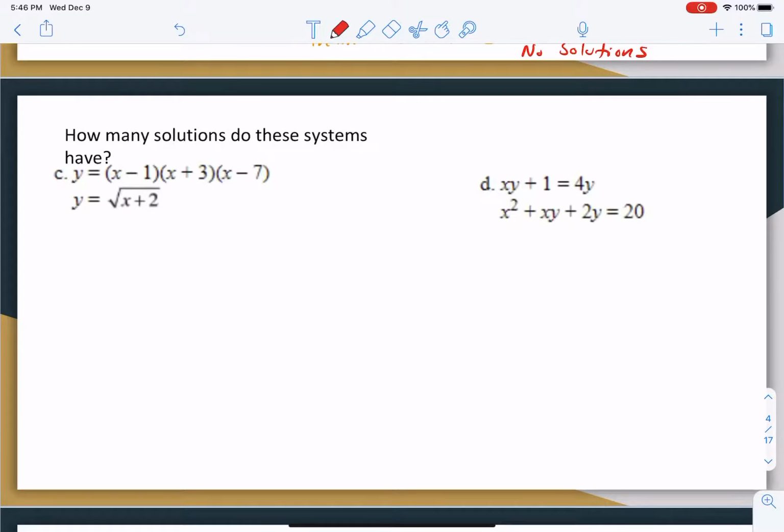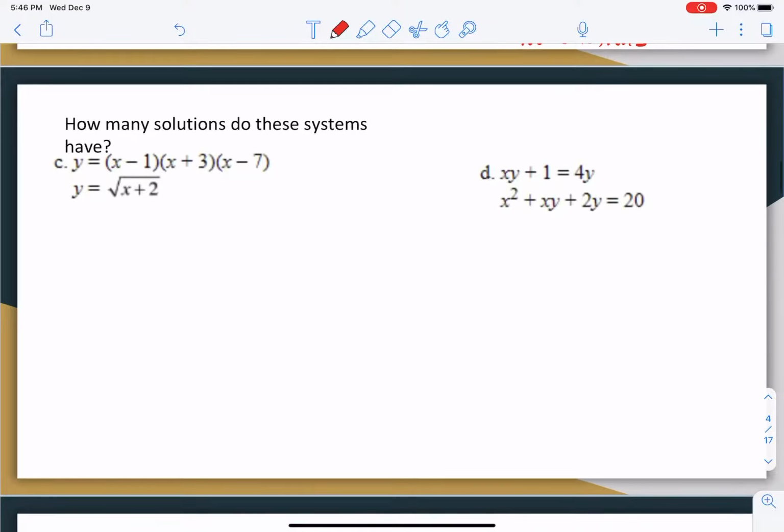Continuing on and thinking about how many solutions these systems would have, my first equation has 3 roots. So this is a cubic equation. My second equation is a square root equation.